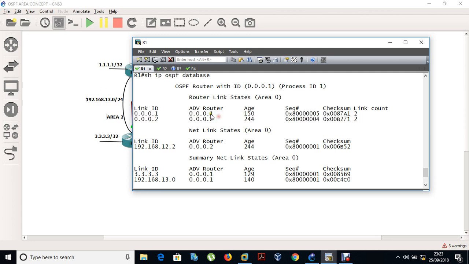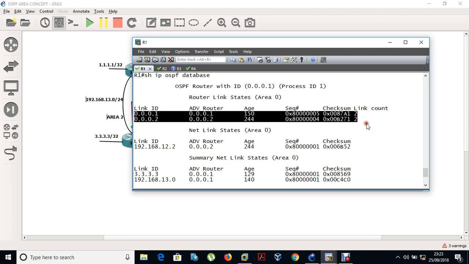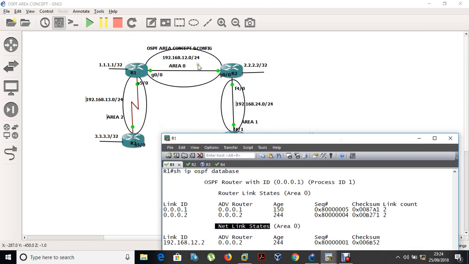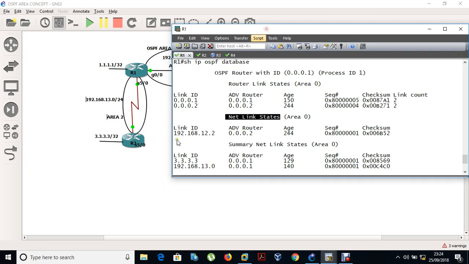They see that these routers are the ones that exist in area 1 and 2. And in a network which is still network type 2, this advertisement, router link LSA and network link LSA, they both stay in the area, and these are responsible for having detailed information.